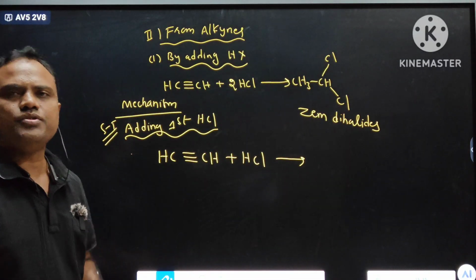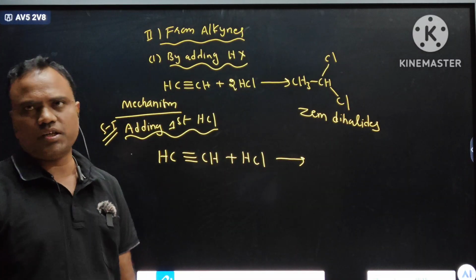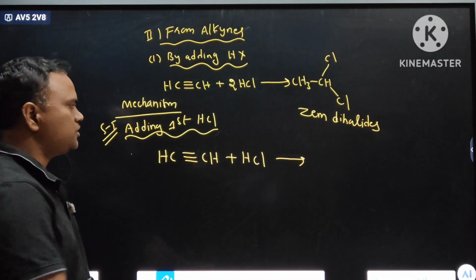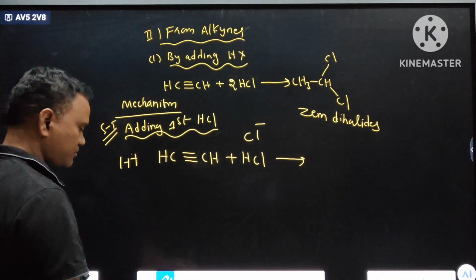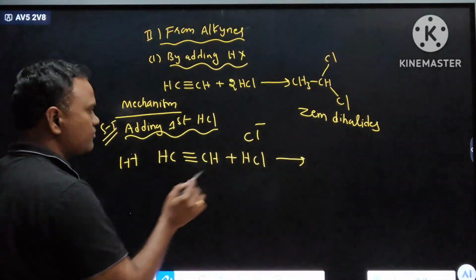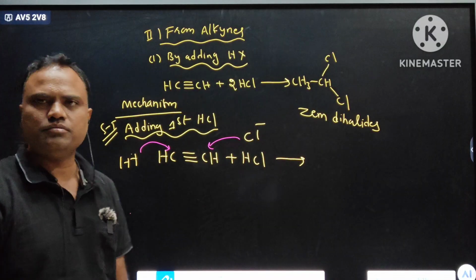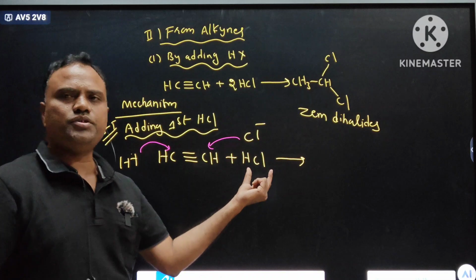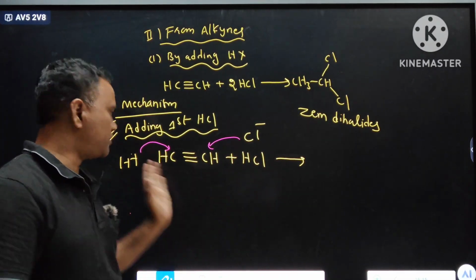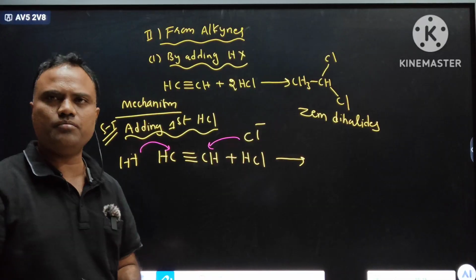HCl dissociates into H plus and Cl negative. I am adding H plus to this carbon and Cl negative to this carbon atom.